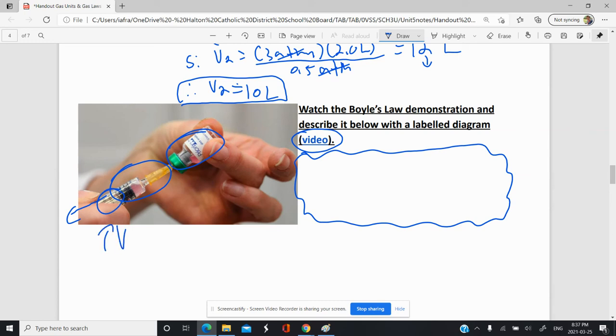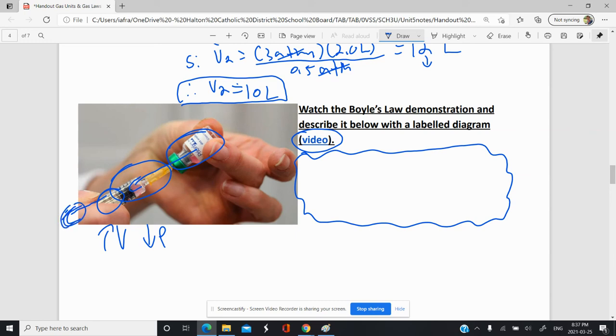And so because you're increasing the volume in the syringe, you're reducing the pressure in the syringe. And because you're reducing the pressure in the syringe, that's going to cause the fluid to be sucked up or pushed into the syringe as you're pulling the piston upwards to increase this volume.